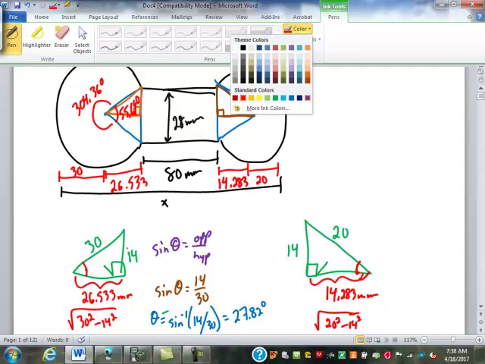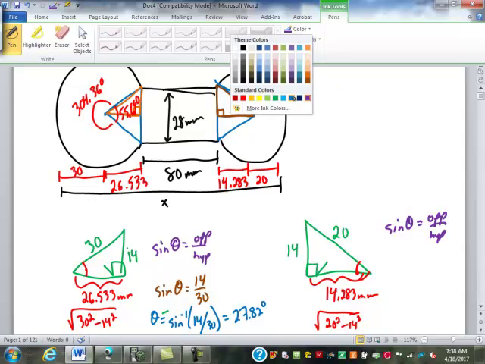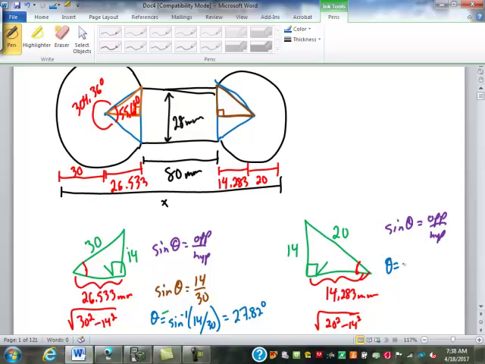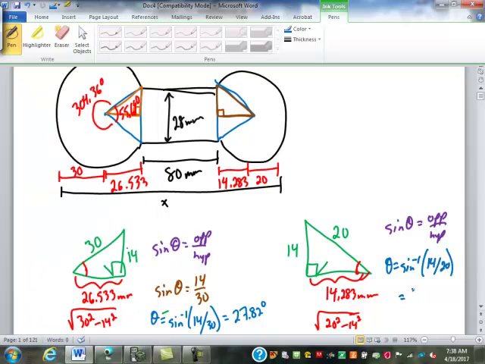The angle is opposite over hypotenuse again, so it's going to be sine. Since we are looking for the angle, it's going to be the inverse sine of 14 over 20, which gives us 44.23 degrees.